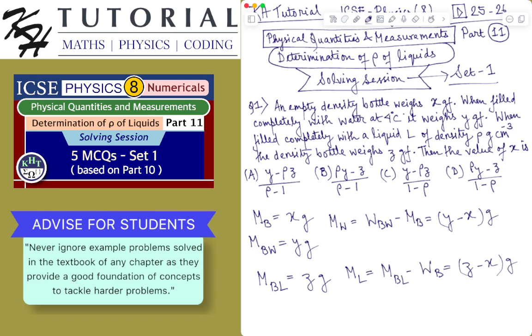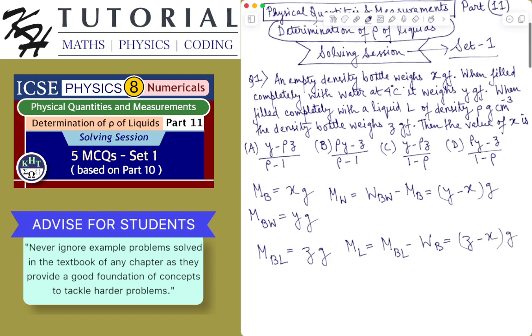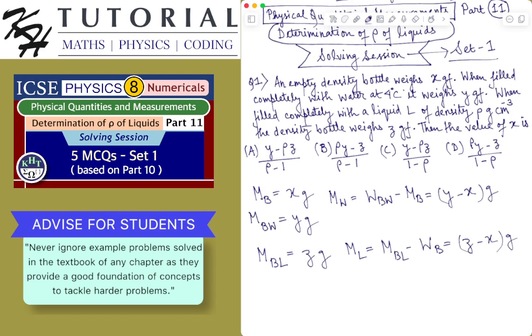Okay. Now from the concept of finding the density of a liquid, we know that the density of the liquid L, which is already given in the problem as rho gram per centimeter cube, rho will be equal to the mass of the liquid completely filling the density bottle, which is z minus x gram, divided by the volume of the density bottle.